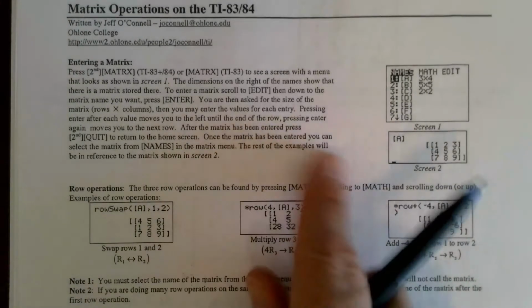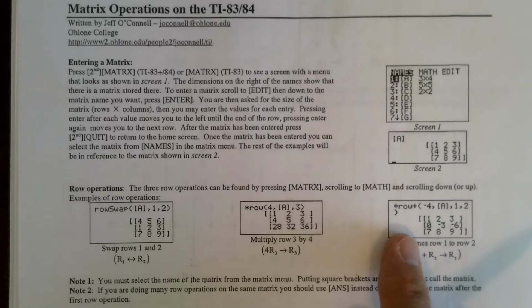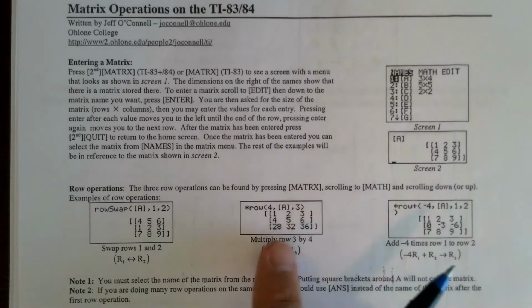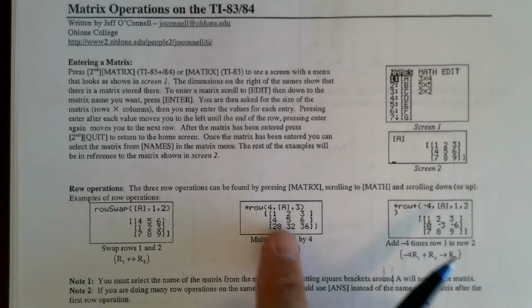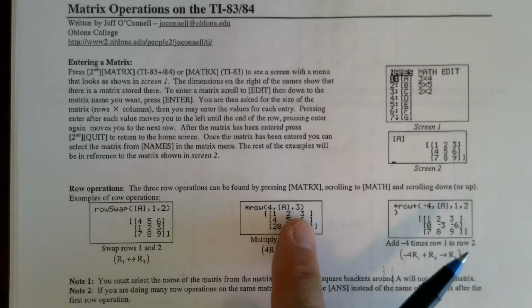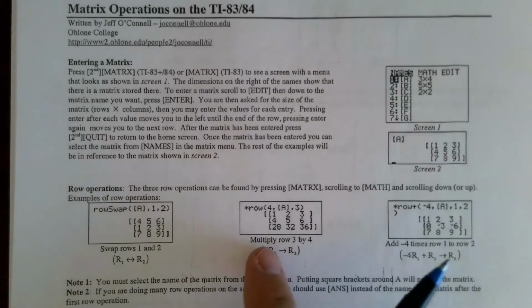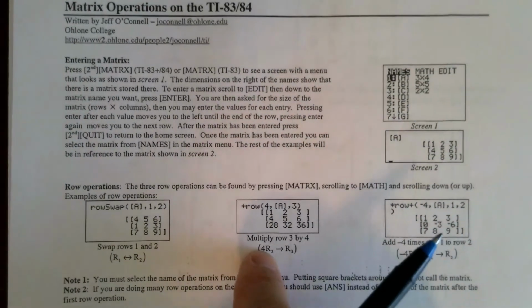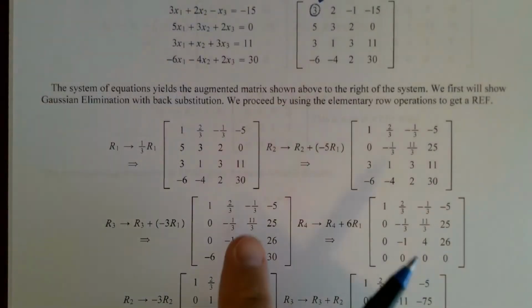But it shows you how to do basic matrix stuff, and then how to do the various row operations. Okay, and so if you're multiplying a row by a certain quantity, this is the operation you use in the calculator to manipulate it. So definitely be using this, and I'll show you that in a second here how we do that.